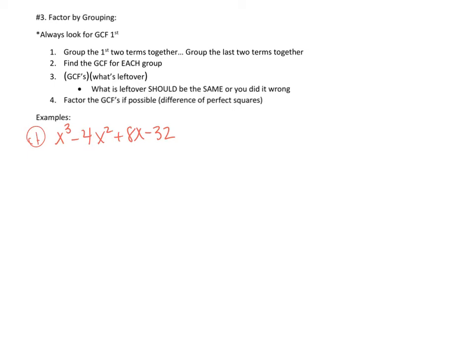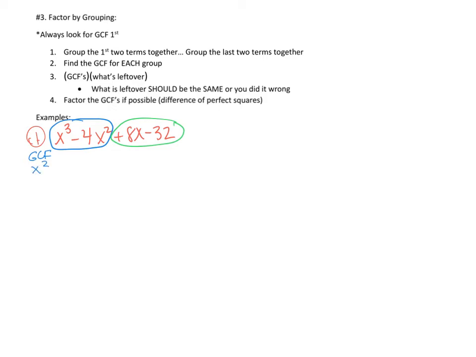Okay, so like I said, I'm going to group the first two terms together, and then I'm going to group the last two terms together. I'm going to do this separately now. I'm going to focus on the first group, and I'm going to find the GCF here. So the GCF between x cubed and 4x squared would be an x squared.